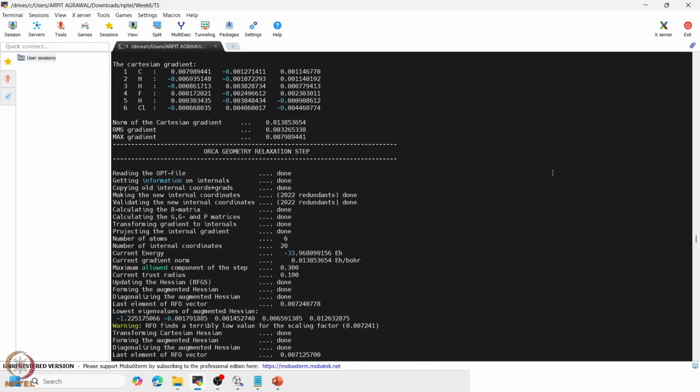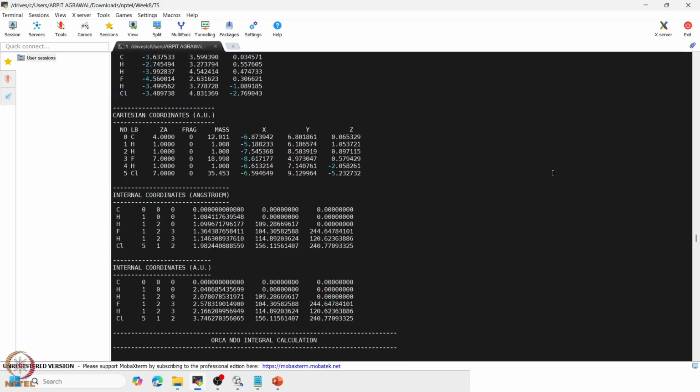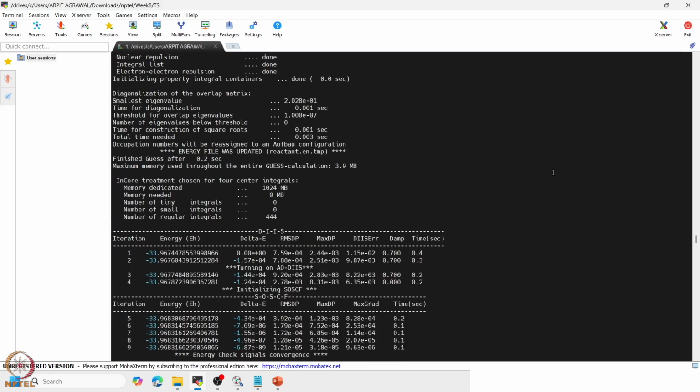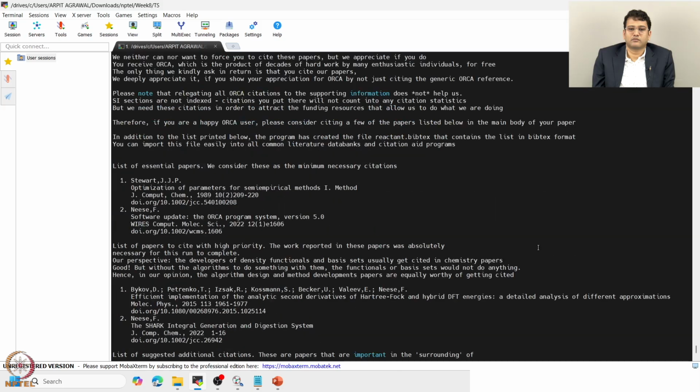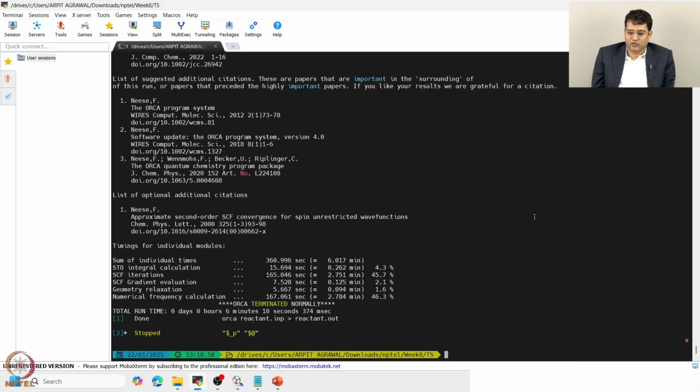Or maybe I could have optimized it using XTB before, because generally it's faster. So it says that it has reached the maximum number of optimization cycles but not converged yet. That means my initial structure is not good.